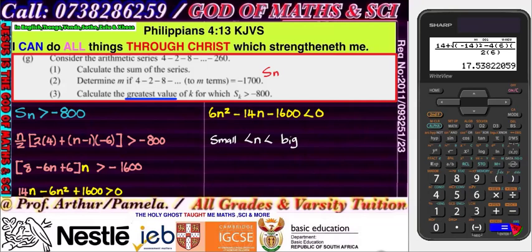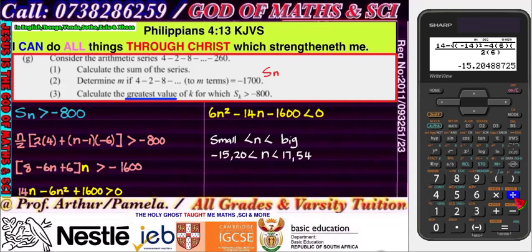I don't know what that number is going to be, but this is going to be the big one. So let's just temporarily put it as 17.54. Then change the sign for the other side, which is going to be negative 2.0. So that means n lies between those two.